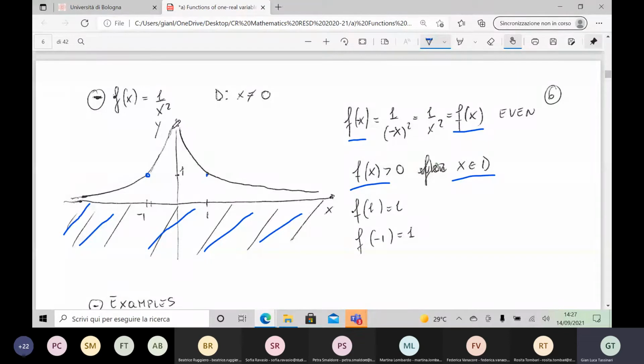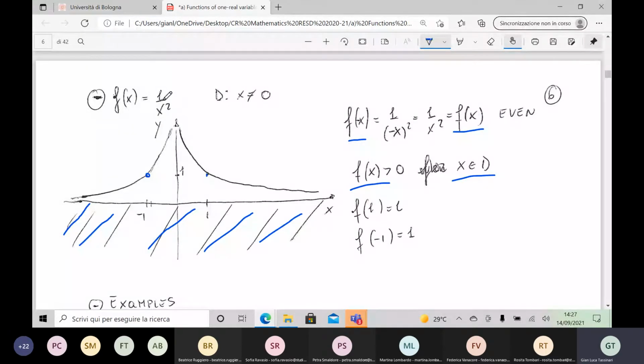For example, if x is 2, you have 1 over 2 to the power 2 is 4, so 1 over 4, which is smaller than 1, obviously. When x is equal to 10, you have 1 over 100, which is very, very small. Okay, so you see that as x increases, the function is still positive, but tends to decrease from above and tends to become closer and closer to the horizontal axis. That is, it tends to 0 as x becomes bigger and bigger, without reaching it. Okay, because this ratio is still positive.